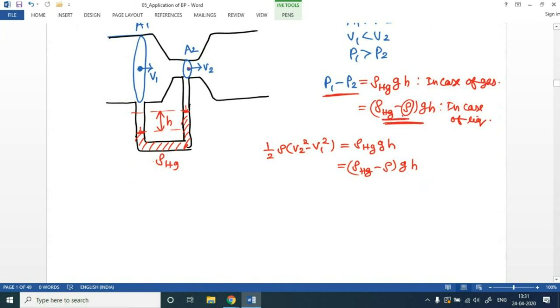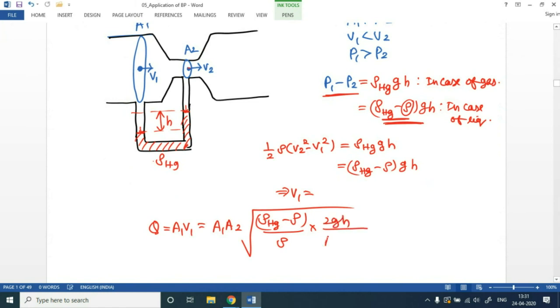Simply first solving this, you will get V1 from here, and when you substitute the value in Q equal to A1 V1, you will get A1 A2 multiplied with rho Hg minus rho upon rho into 2gh divided by A1 square minus A2 square.